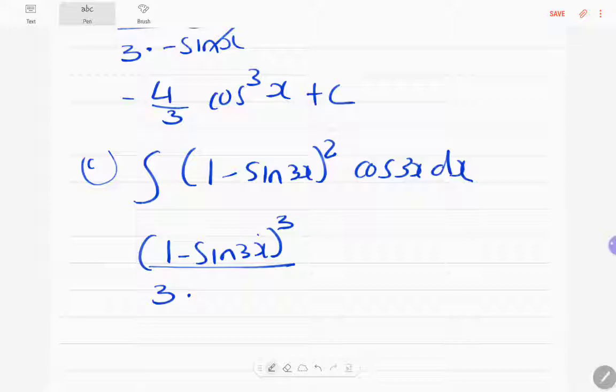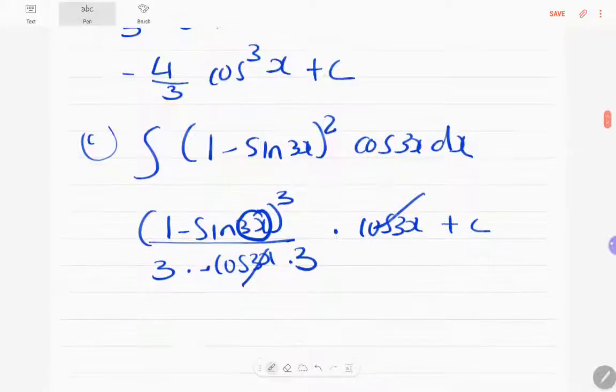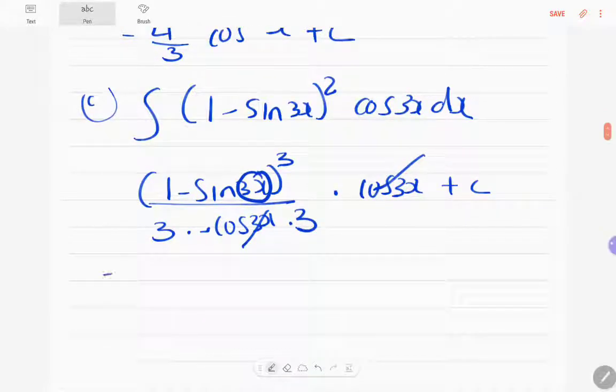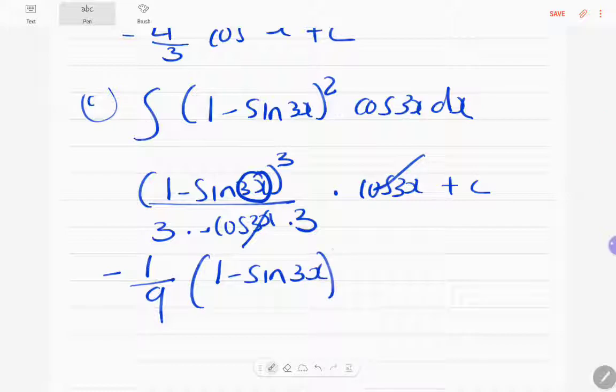Derivative of sine is cos. So we'll have minus cos 3x multiply again by this function, which is 3. And we copy whatever that we have, which is cos 3x plus c. This and this cancel, so our final answer would be minus 1 over 9 into 1 minus sine 3x, everything to the power 3 plus c.